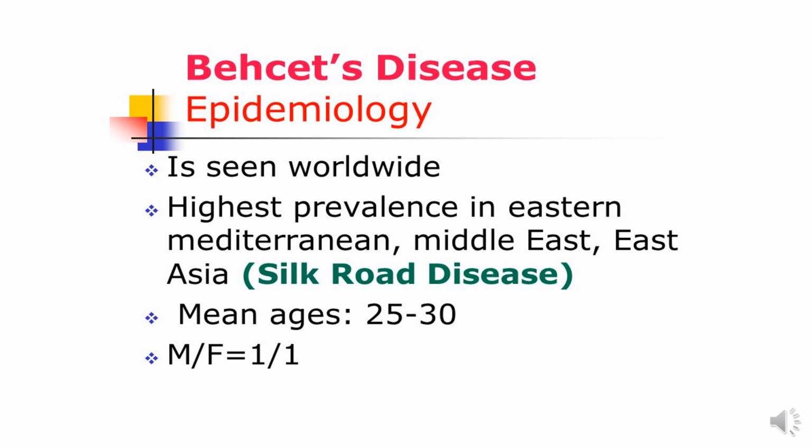Behcet syndrome is more common and often more severe along the ancient Silk Road, which extends from Eastern Asia to the Mediterranean. It typically affects young adults 20 to 40 years of age.